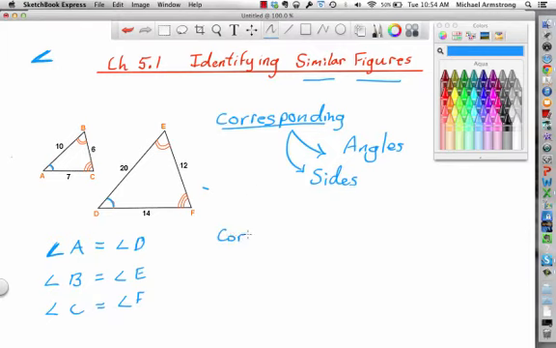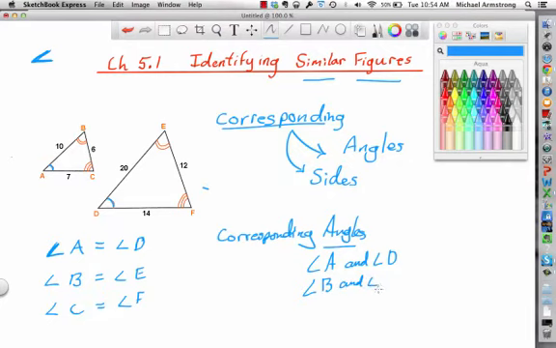So for corresponding angles, we would mark it down like angle A and angle D. That's all you have to do, but you got to mark all of them. Angle B and angle E, angle C, and angle F.